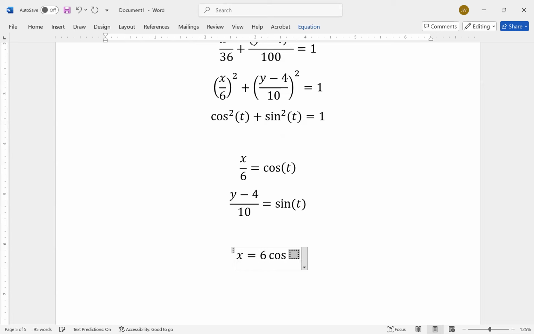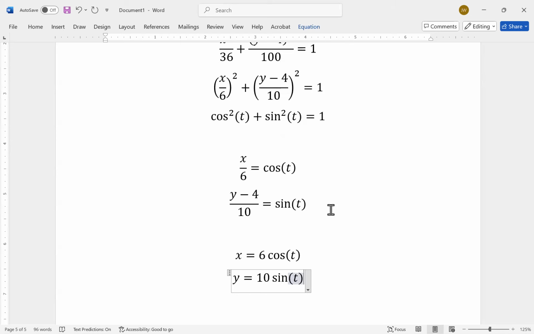So the final set of parametric equations, when I solve for x, I get x equals 6 times cosine of t. That's just multiplying both sides by 6. When I solve for y, I'd have to multiply both sides by 10 and then add 4.